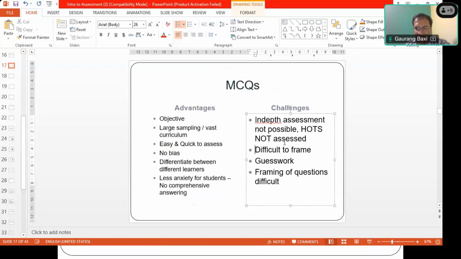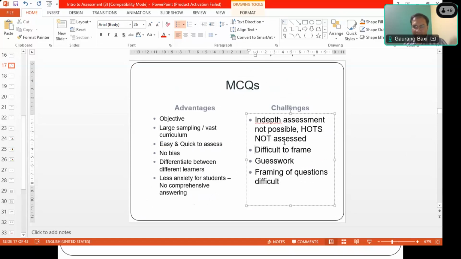Up to the synthesis level, it is possible to assess students using multiple choice questions. But currently, the way MCQs are used in our assessment system, most of the questions are purely assessment of factual points, which is recall based. So that makes the use of MCQs very limited, and therefore that becomes a challenge.